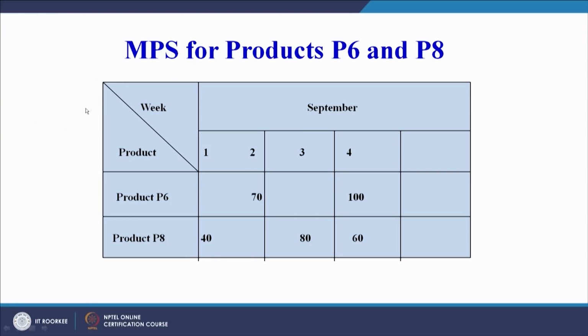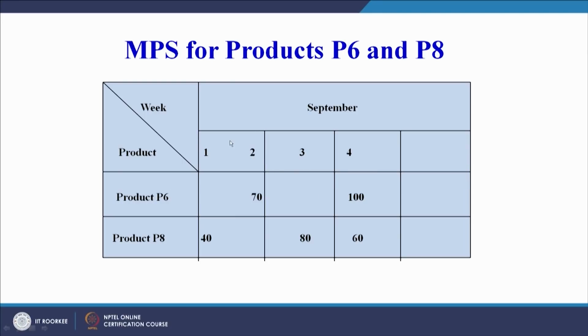Here we can see one example of a master production schedule for products P6 and P8. So there are two products, P6 and P8, which are the product codes. In the rows we have product 6, product 8, and then September, with weeks 1, 2, 3 and 4.